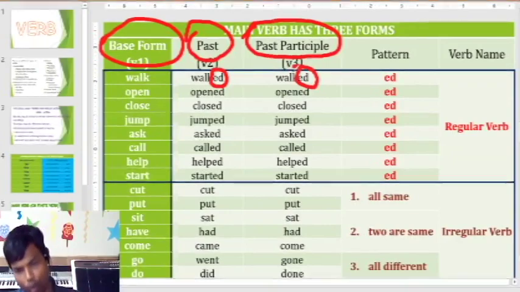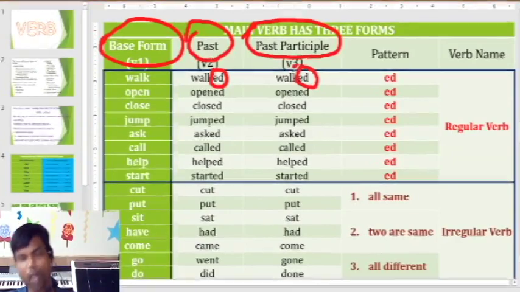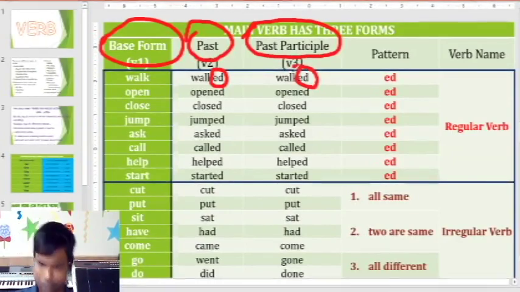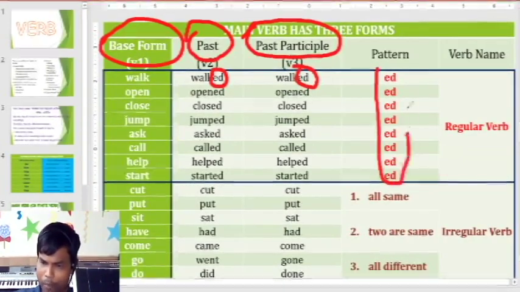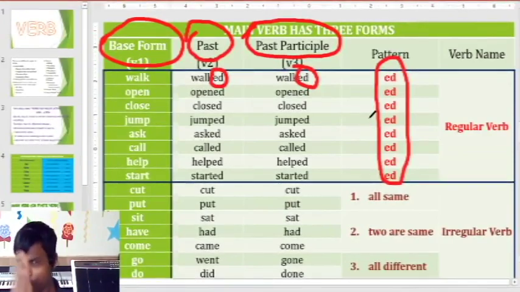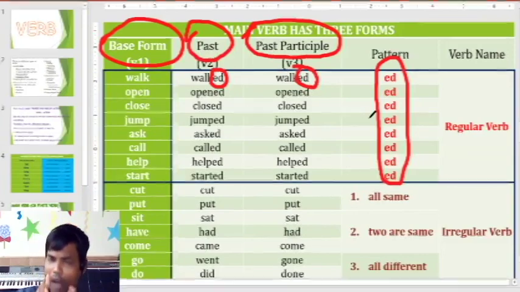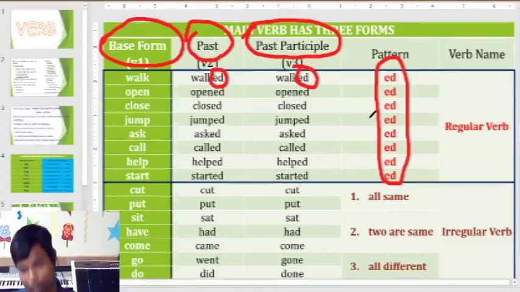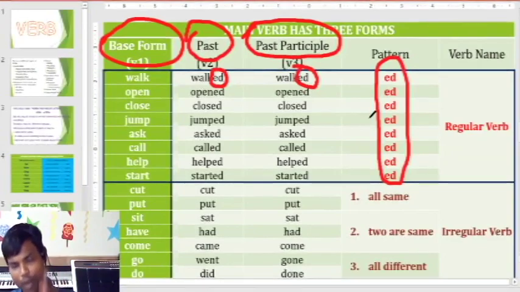Open, opened, opened, closed, closed, closed, jumped, jumped, jumped. So here I have mentioned, you just add ed and you get their past and past participle. So simple, just by adding ed, you are capable of framing past and past participle.